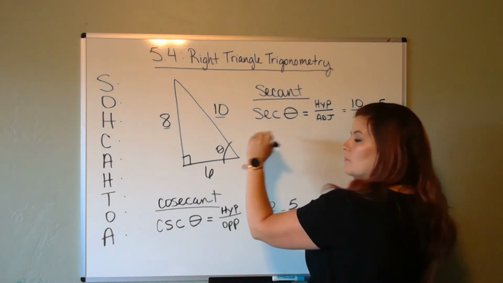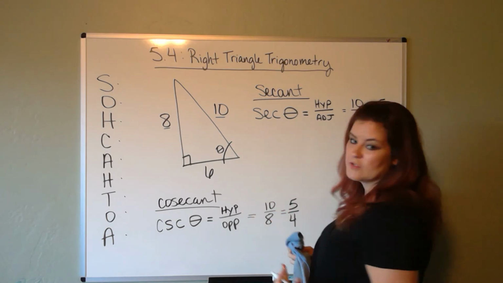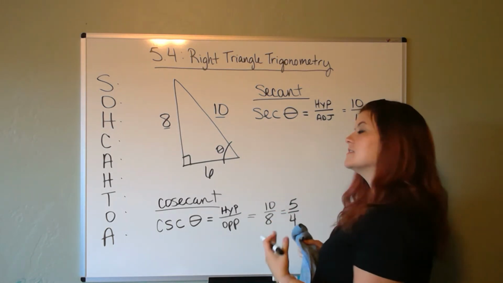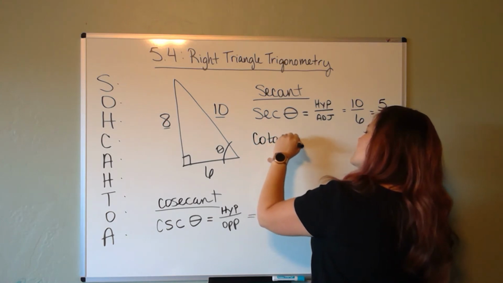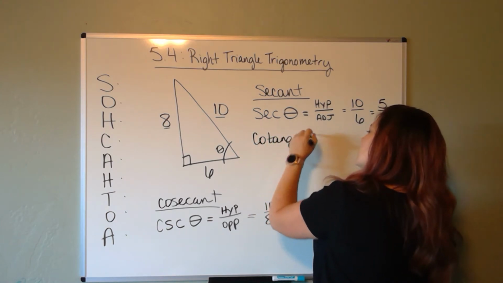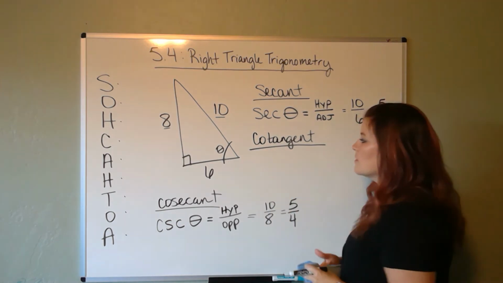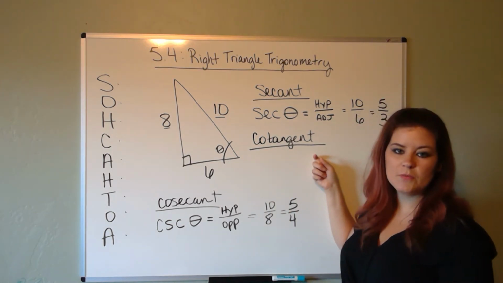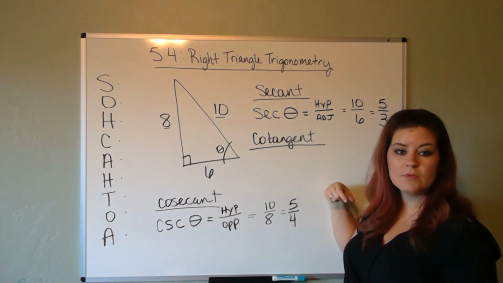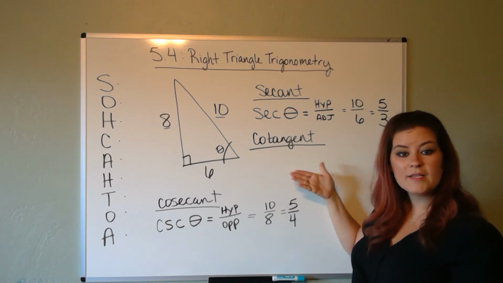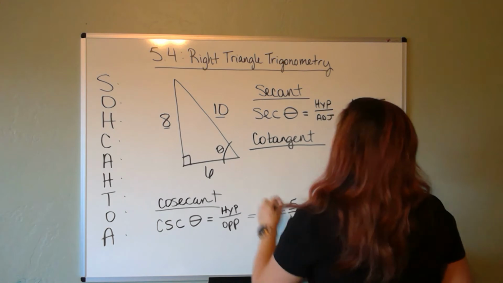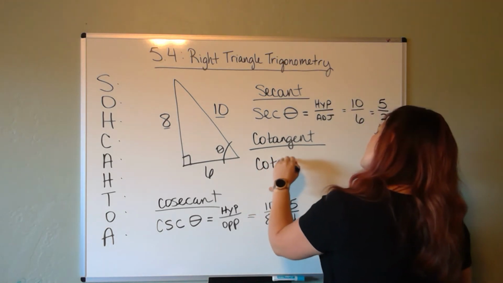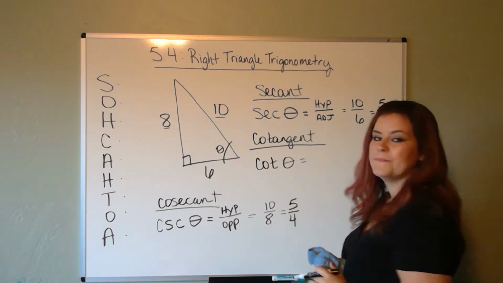Our last one, so we have 6 trig functions we work with in this class, and this is the last one. It's cotangent. This one's easy to remember what it goes with. Cotangent is the reciprocal of tangent. One has a co, one doesn't, so that pair only has one co. Cotangent of theta.